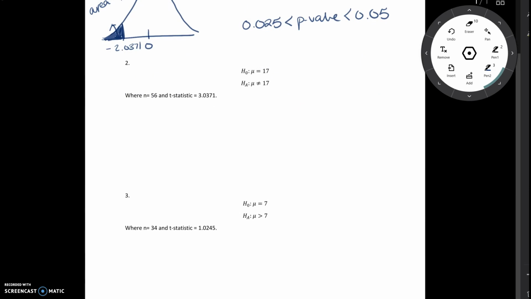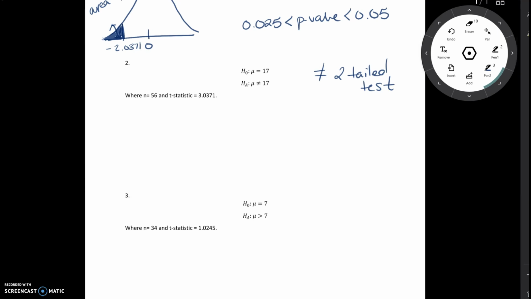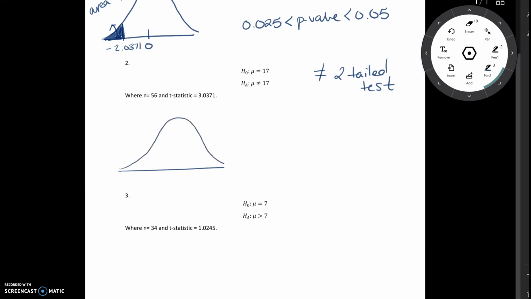All right, looking at the next one. Again, we have our hypotheses, but this time we have a not equal to sign in the alternative. So this means we have a two-tailed test. Now n is equal to 56, and our test statistic is 3.0371. Drawing our t-distribution, which is always centered at 0, my test statistic is 3.0371.